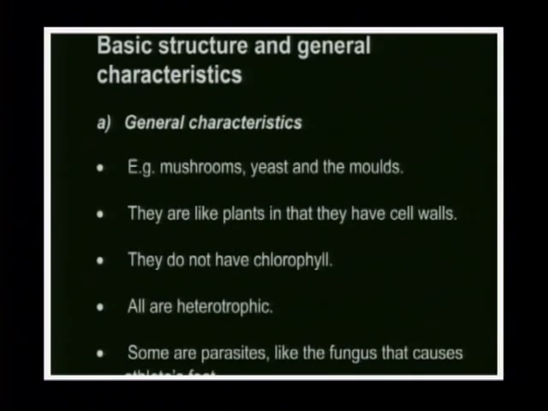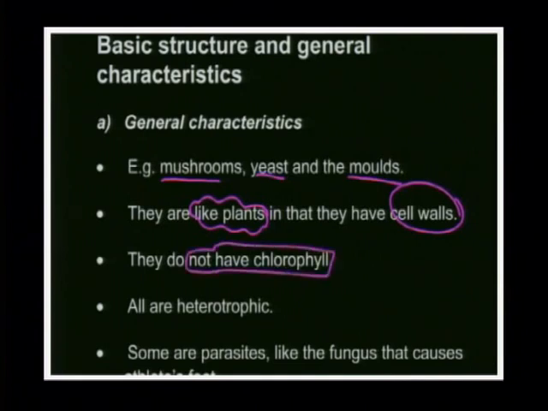The general characteristics of our fungi, such as those shown by mushrooms, yeast, and the molds. First of all, because they have cell walls, they are sort of like plants. However, unlike plants, they don't have chlorophyll, and thus they must be heterotrophic.